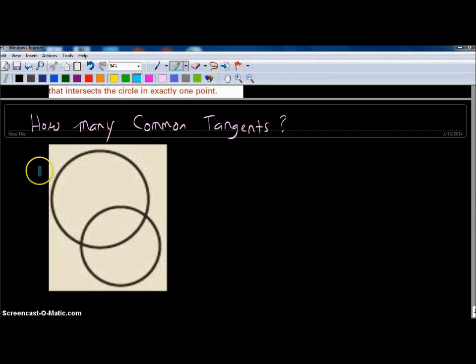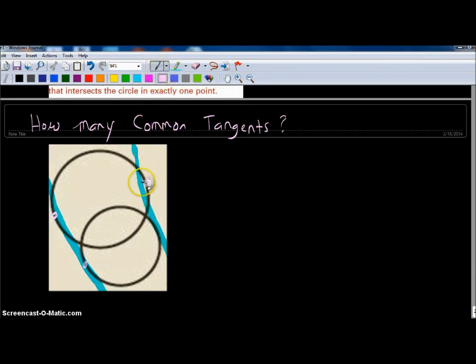So we had a line right here. There you go, that's one line. It crossed the circle right here and right there, and then another one on this side. I kind of went in, but you get the point.